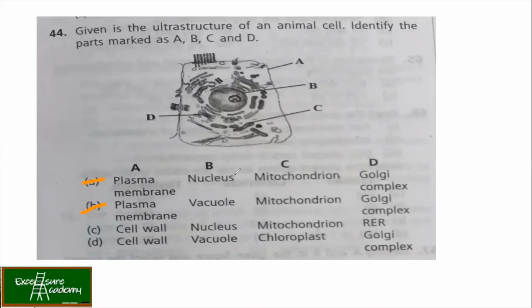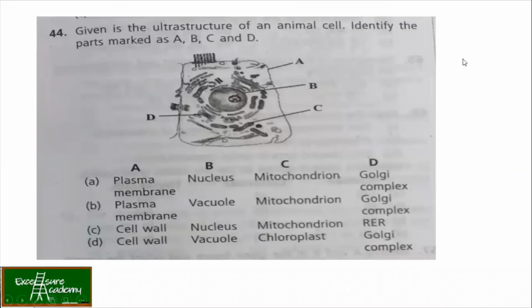B is your nucleus, so now it becomes very clear that this might be the answer. Now D is your Golgi apparatus. You can see here the nucleus, these are the ER, and next to the ER is your Golgi apparatus. C is mitochondria. Even if it is not clear, both options had mitochondria. Hence, the option here is again A.